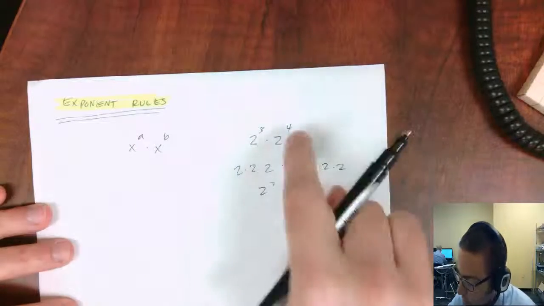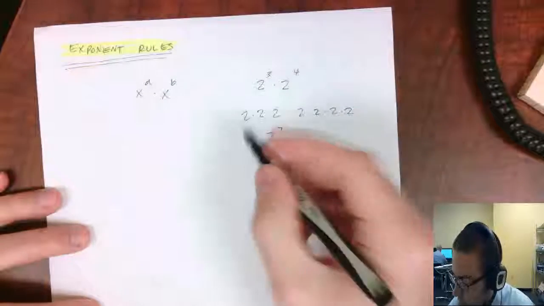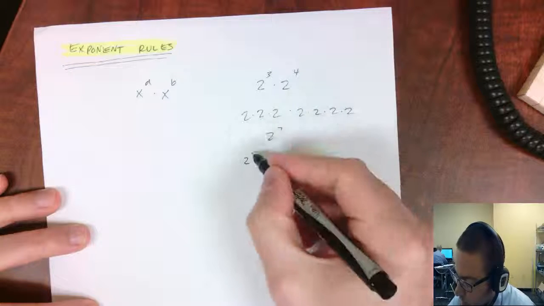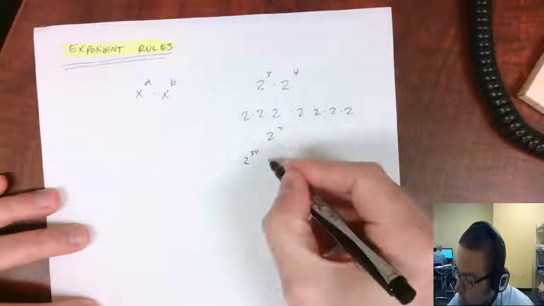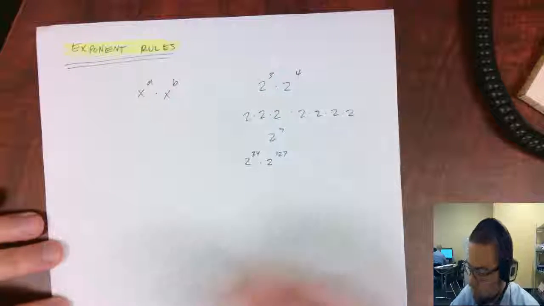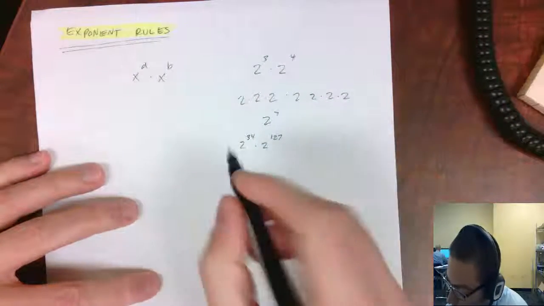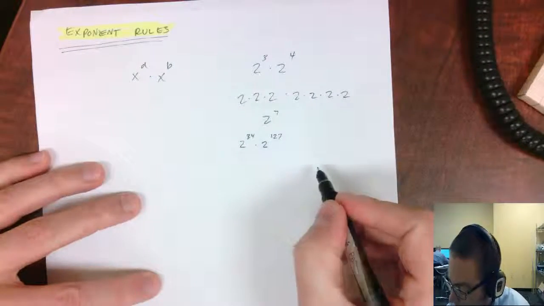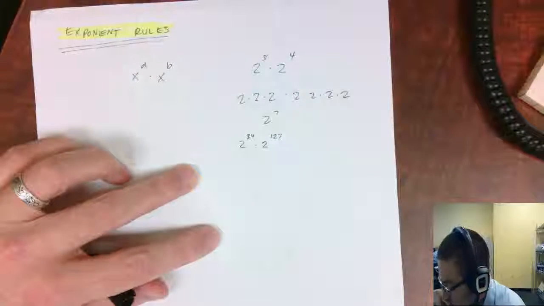So is there a way I could jump straight from this to this? When I get bigger numbers, it's going to be really tiring to write all out. So what if it was 2 to the 34th times 2 to the 127th? Would I want to write out all of those 2's? It would take me a really long time, right? I would write down 34 of them, and then another 127 of them, and then I would count them up.